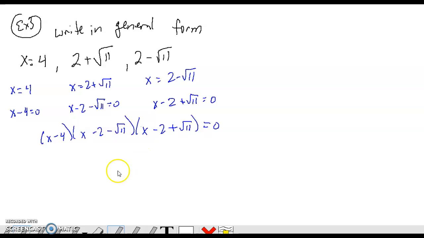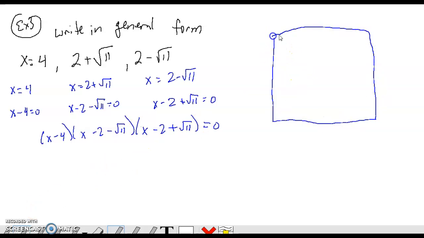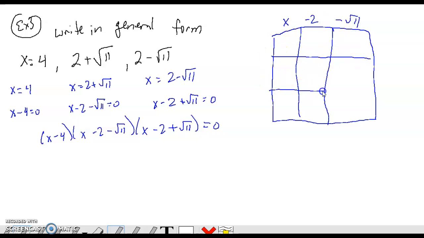I'm going to go ahead and multiply those together first. So I'm going to use my area model. x minus 2 minus root 11, and then x minus 2 plus root 11.